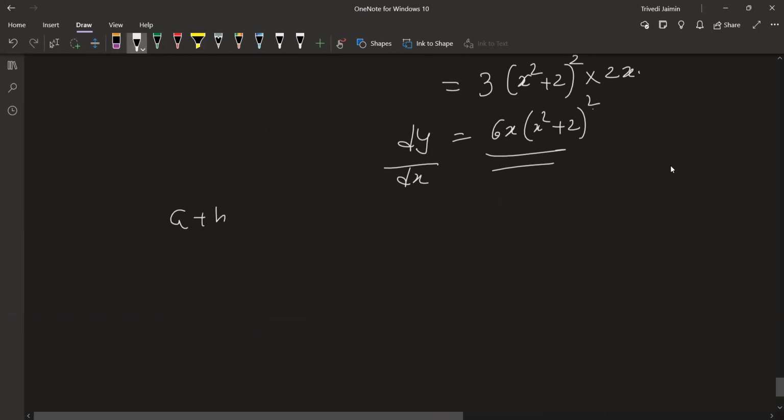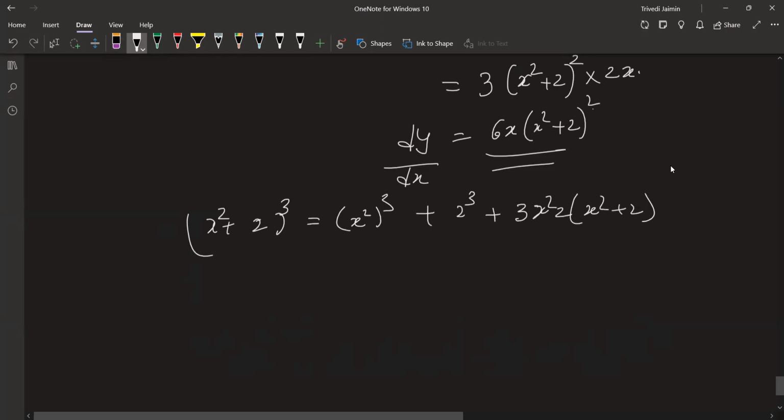(a plus b) cube, not a plus b. What is the value here? 3 x square plus 2, right? Yes, sir. x square plus 2 the whole cube. So a cube means x cube, x to the power 6, plus 2 and 3, plus 3 a square b, taking x square and 2, that is 3 into 2 into x square plus 2.